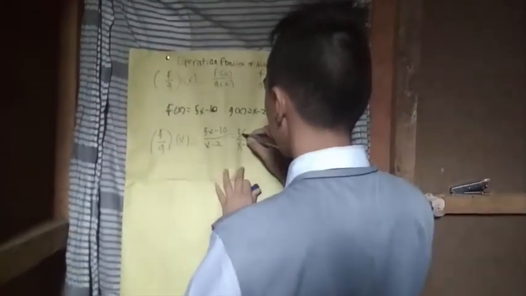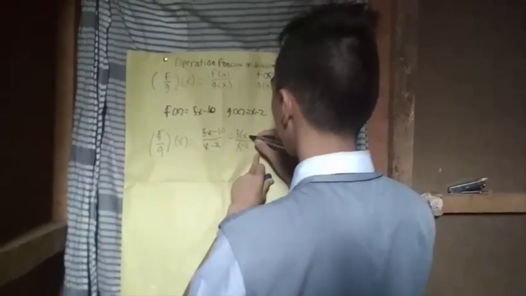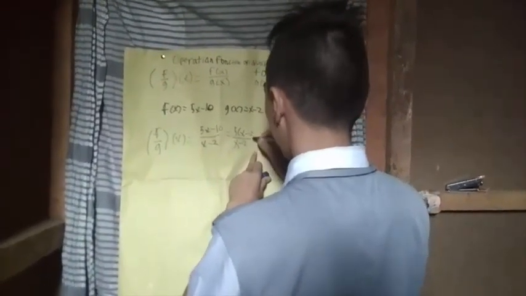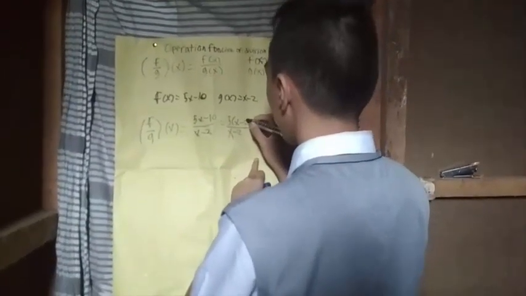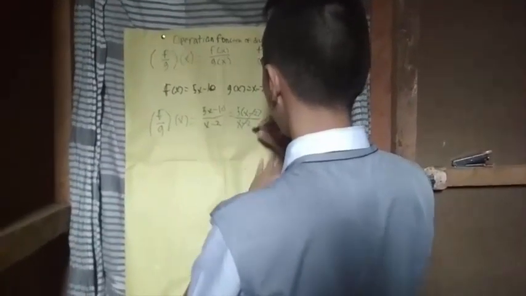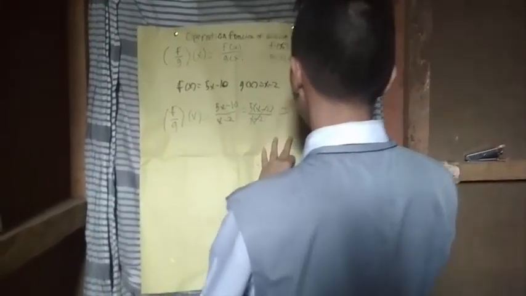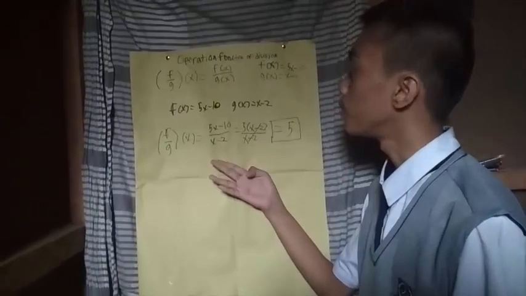We need to divide 10 by 5. First copy the x, then 10 divided by 5 is equal to 2, negative 2. Then cancel out these two, which means the answer is 5. This is how you solve the operation of functions in division.